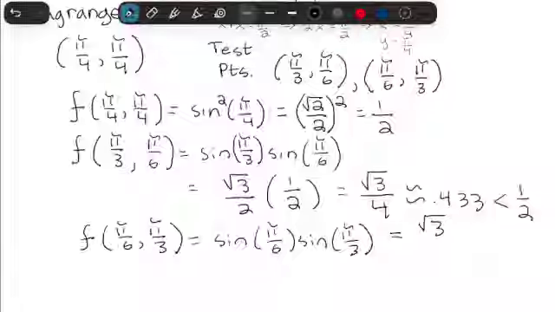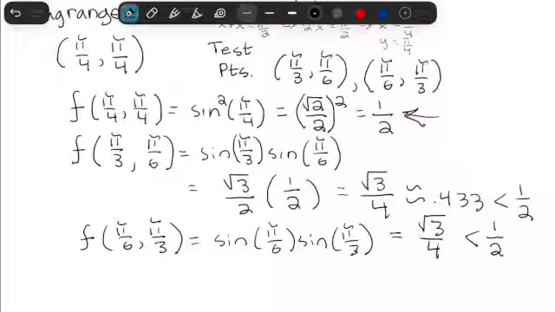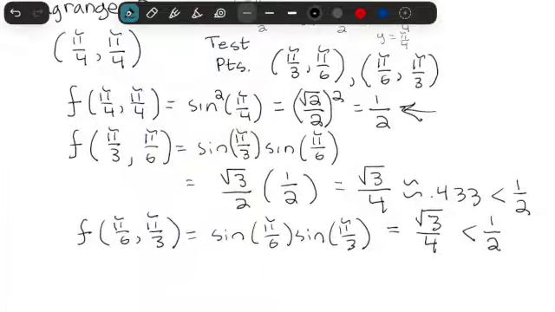So root 3 over 4, which is 0.433 something, so that is less than 1/2. So therefore, we have a relative max because this value is greater than the ones on either side of it.